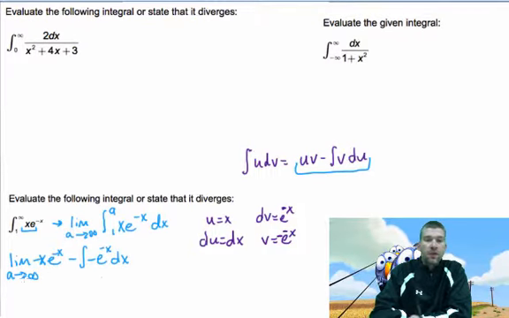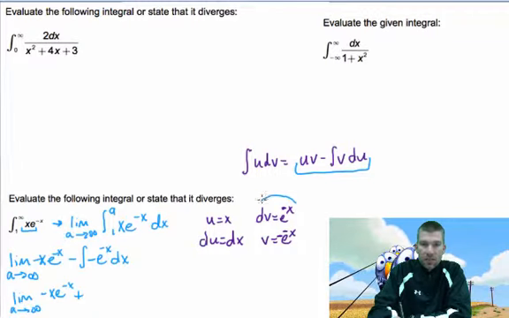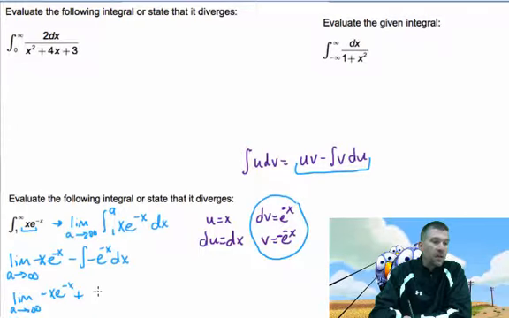All right, so this cleans up one more time because I can integrate this. The negative comes out in front of the integral because a constant can always do that. So that's going to give me the limit as a approaches infinity of negative x e to the negative x plus, and then if I integrate just e to the negative x, I keep wanting to forget that negative, plus negative e to the negative x.